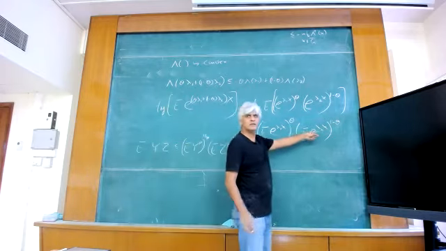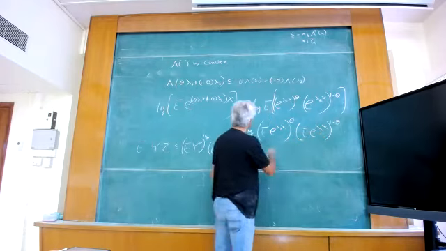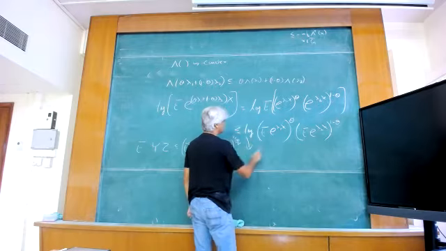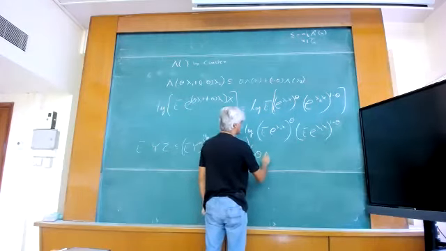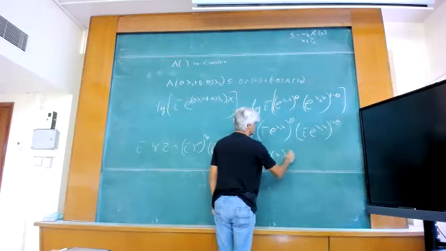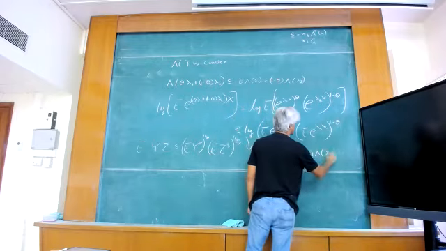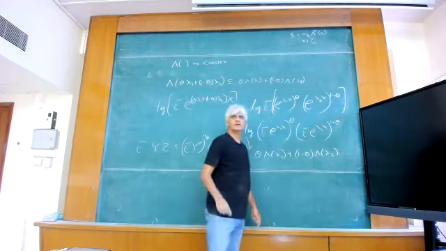If you simplify, this is theta times lambda 1 plus 1 minus theta times lambda 2.